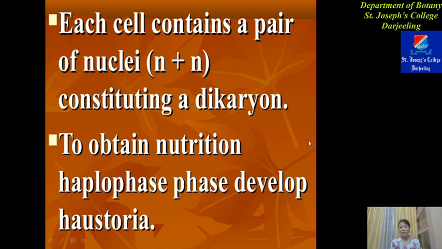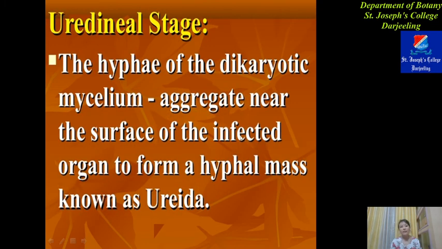from the haustoria. If we see the uredial stage of the pathogen, the hyphae of the pathogen, after infection on the primary host, aggregate just below the epidermal layer of the cells and form a specialized structure known as the uredosorus.